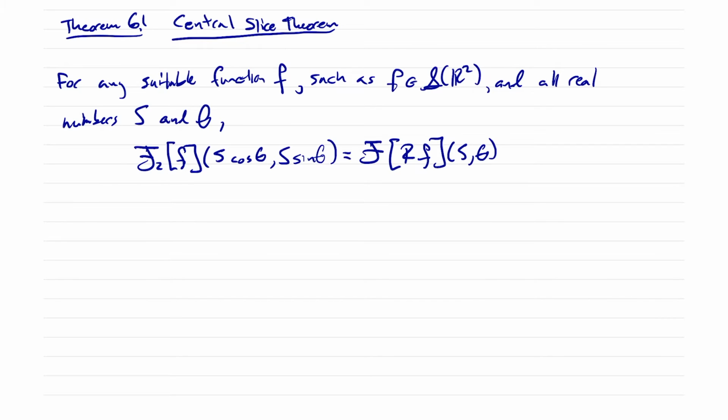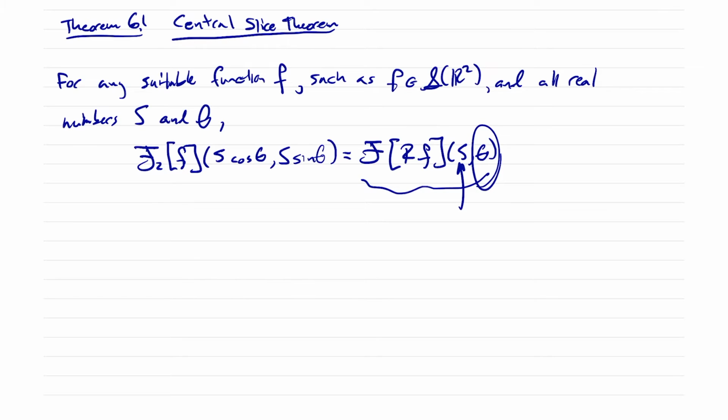Let's see. Yeah. So when writing this, we know that the Fourier transform of a single variable function is actually going to give you a single variable function itself. So keep in mind that this Fourier transform, in particular, is just the Fourier transform with respect to the first variable here, because this is the Fourier transform of a single variable function.